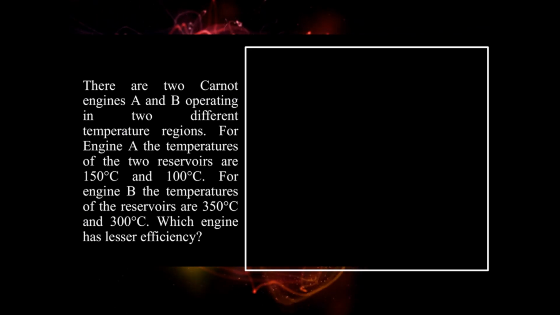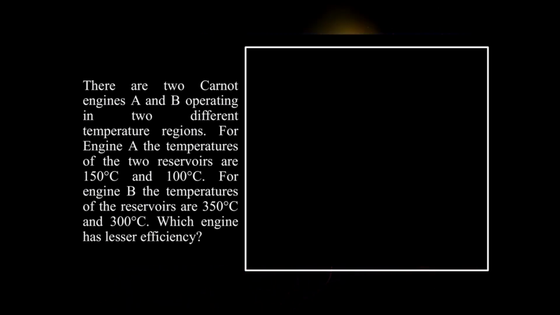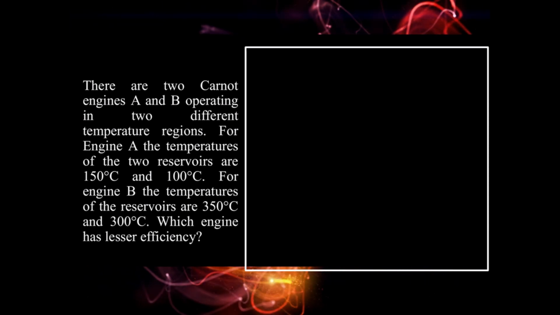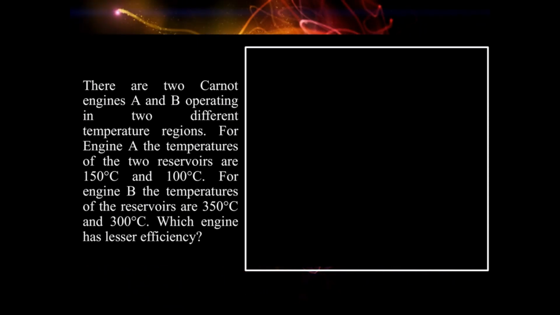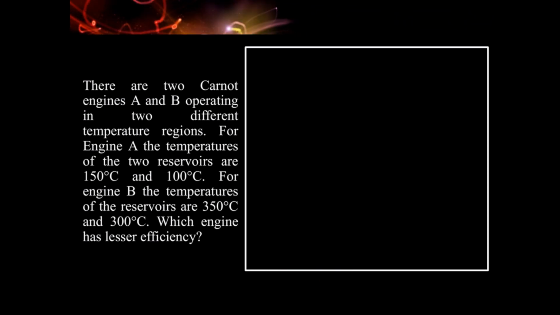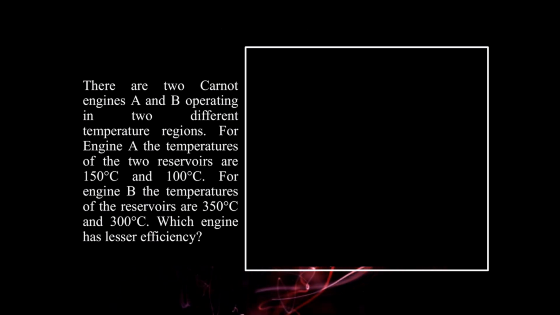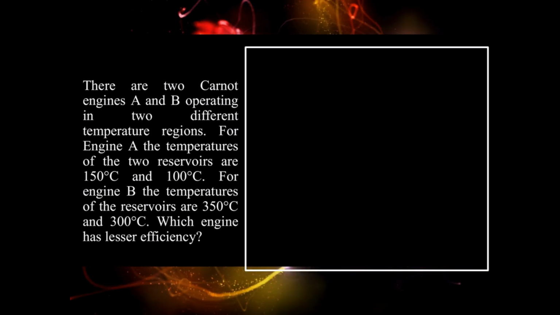Sample problem: there are two Carnot engines A and B, operating in two different temperature regions. For engine A, the temperatures of the two reservoirs are 150 degrees Celsius and 100 degrees Celsius. For engine B, the temperatures of the reservoirs are 350 degrees Celsius and 300 degrees Celsius. Which engine has lesser efficiency?